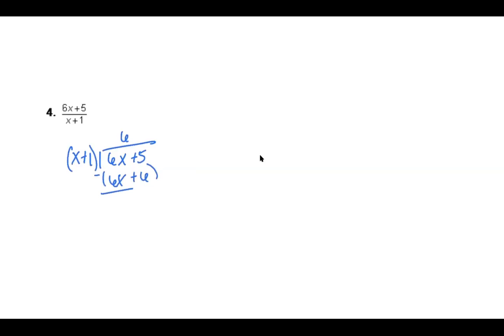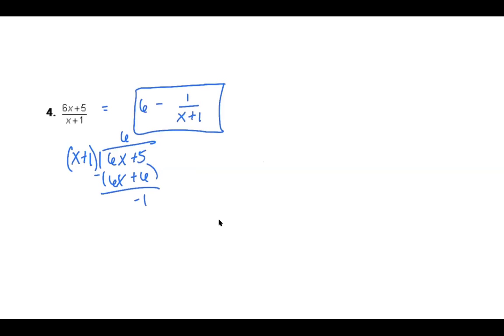Okay, when I subtract, I'm left with negative 1, right? So my final answer for this one is actually 6 minus 1 over x plus 1. Okay, so you can still make those slightly easier even if they seem pretty short there.